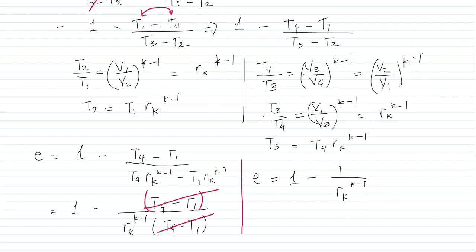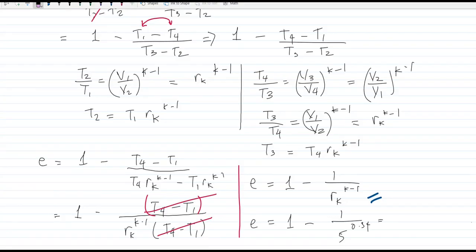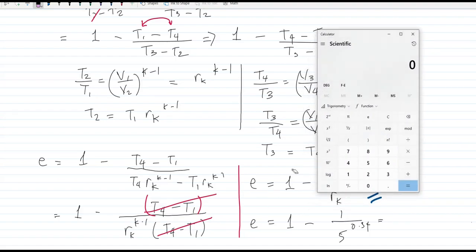So you have to remember this formula so that the solution for efficiency will be very, very simple. So it is simply 1 minus 1 over 5 raised to 0.34. So we will get our calculator to solve for the efficiency. So we'll have 1 minus the quantity, 1 divided by 5 raised to 0.34.